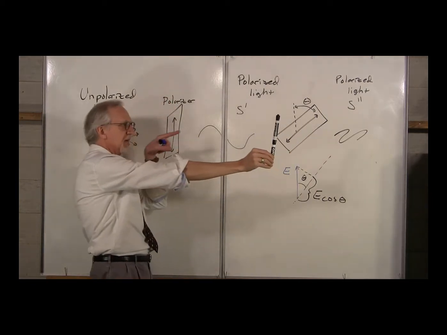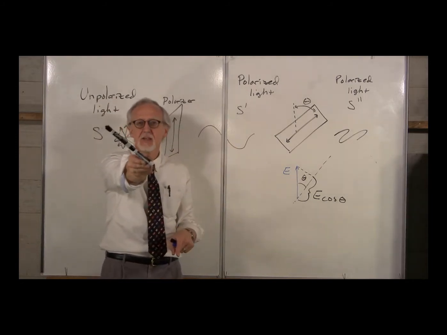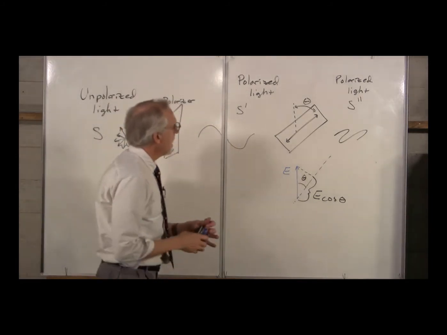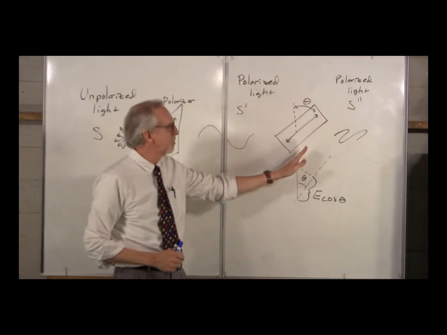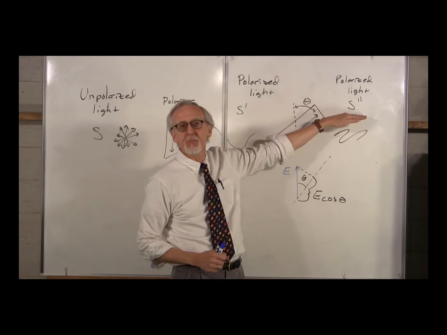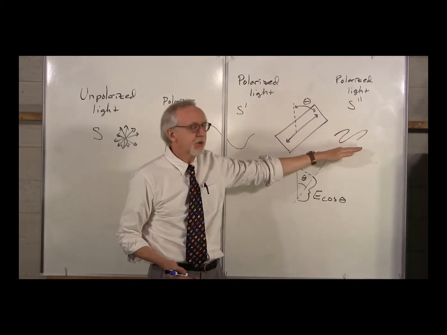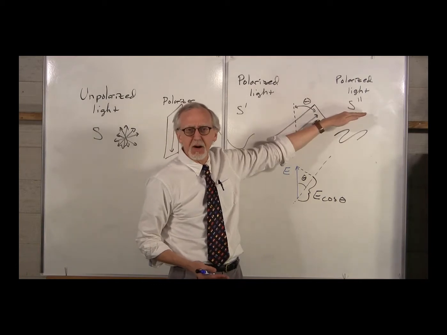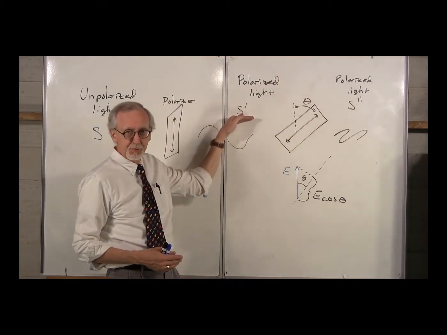But remember, we're looking in this direction. So from the initial direction, it's now tilted an angle of theta. How much light will make it through that second polarizer? In other words, let's assume that our new intensity, once it gets through, is S double prime. How is S double prime related to S prime?